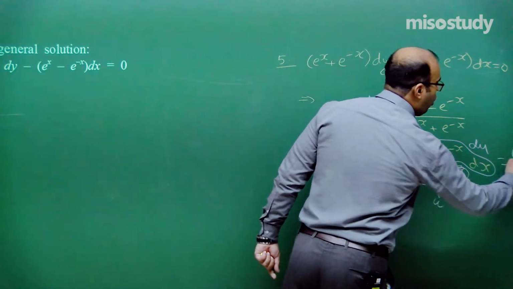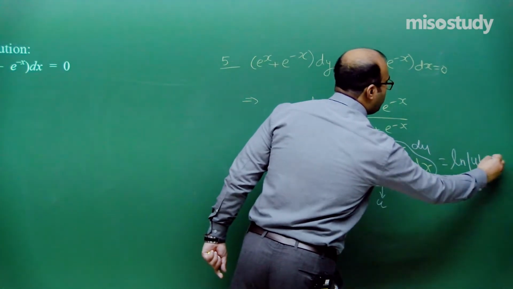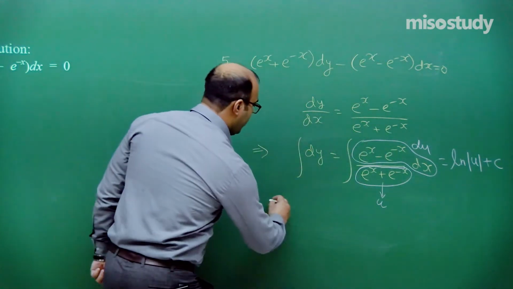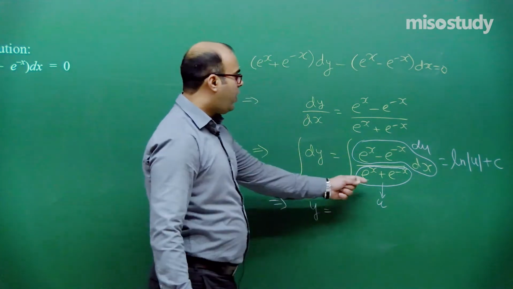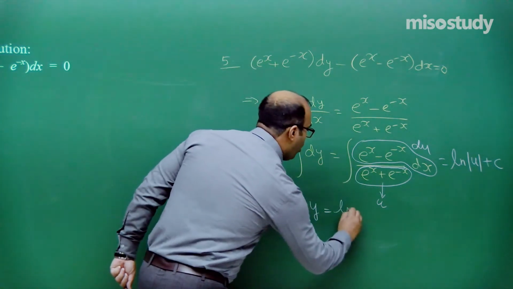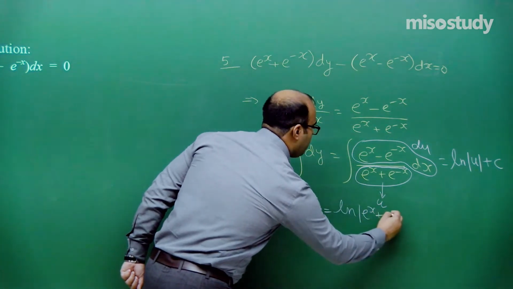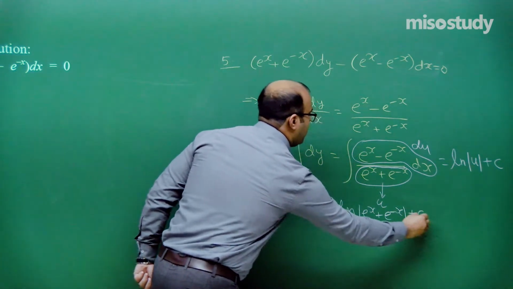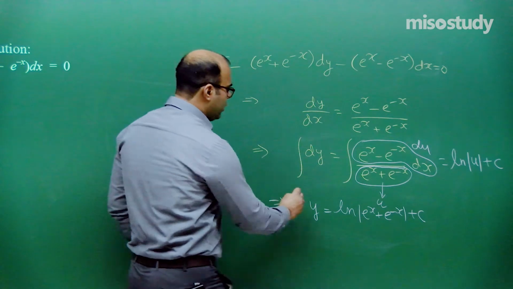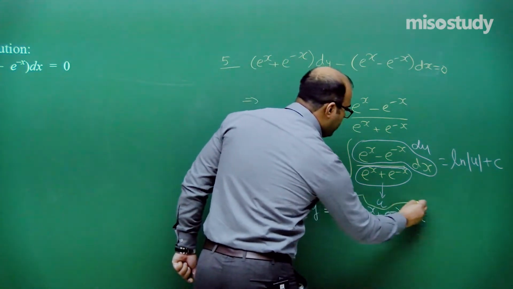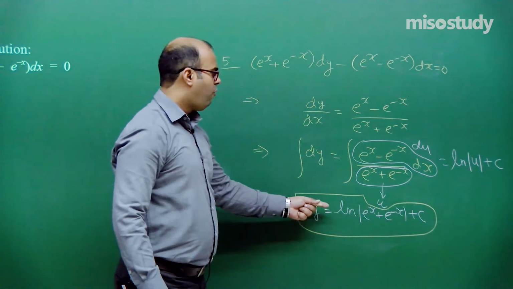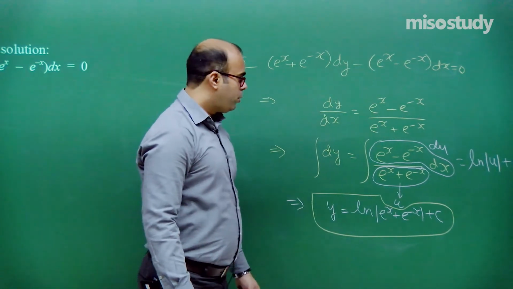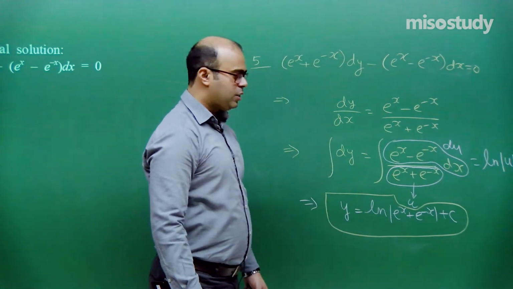Of course, log of mod u plus c, and here it is y. So y is equal to log of mod u, and finally mod u is written as log of e to the power x plus e to the power minus x plus c. So the family of curves of the given differential equation is y is equal to log of e to the power x plus e to the power minus x plus c.